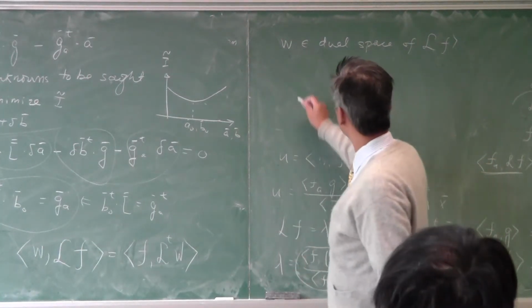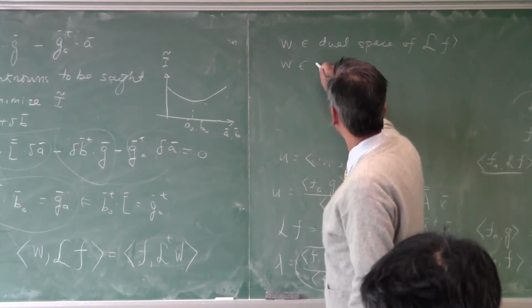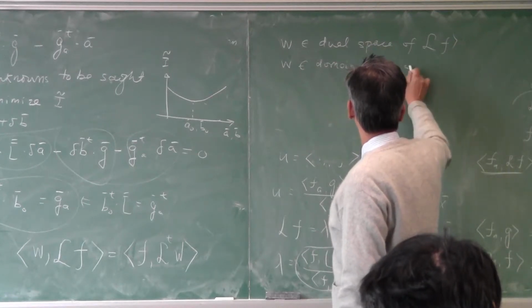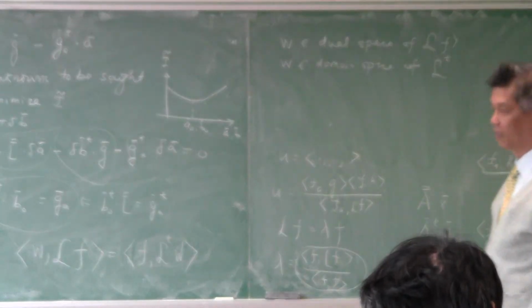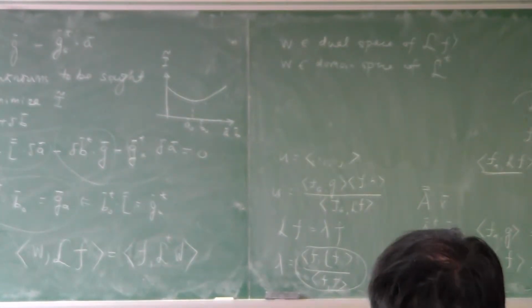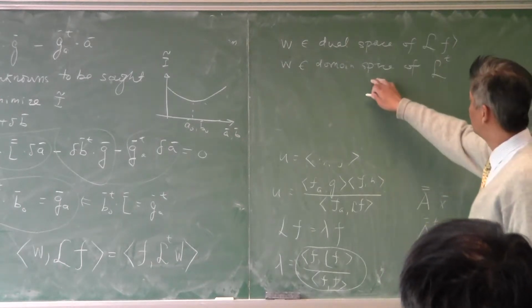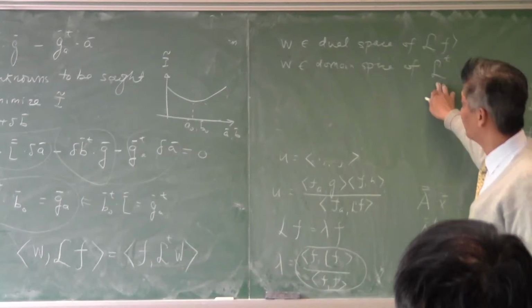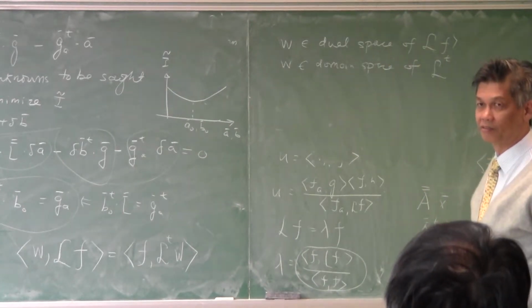Another thing you can see is that W is in the domain space of L transpose, right? That's what it says. So actually, this proves a point, which is that the domain space of L transpose, or the left domain space of L, is the same as the dual space of this function, LF.